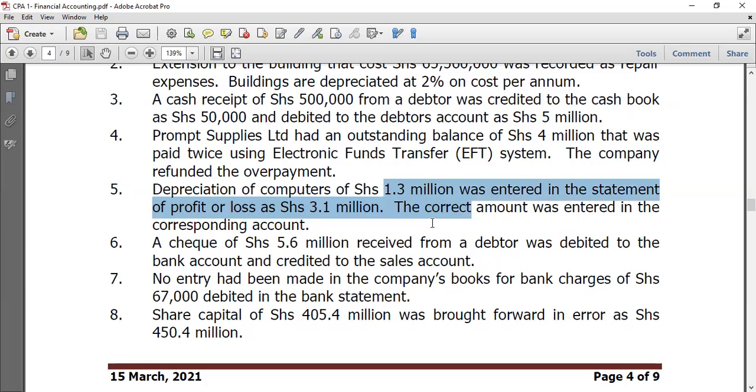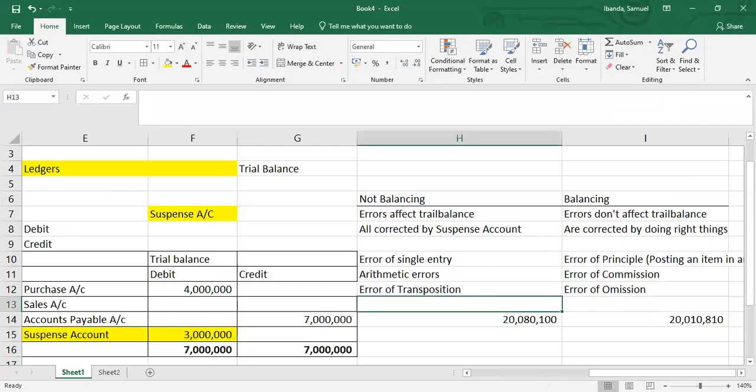In the same way, one of the things we said about the error of transposition, if you remember very well, is that it affects the trial balance. And we say that all errors that affect the trial balance are corrected by a suspense account.